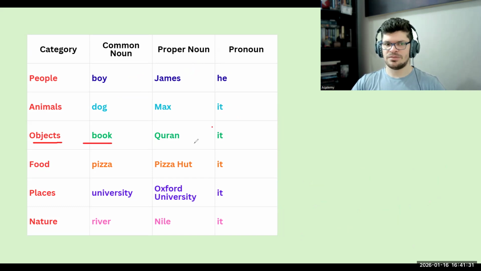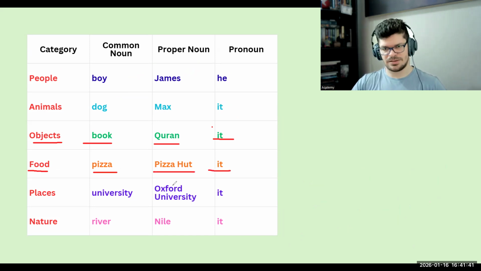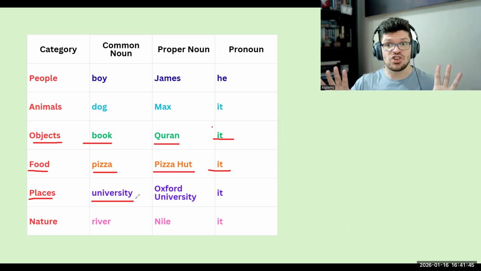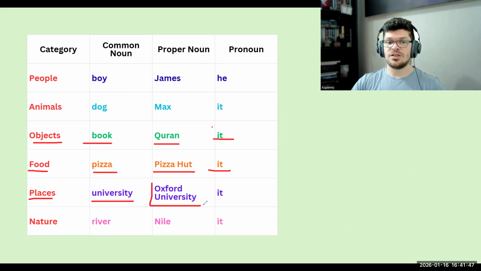Objects, book, Quran, it. Oh, sorry. Food, pizza, Pizza Hut, it. Places, university, very general. Oxford University, specific. There is only one, it.